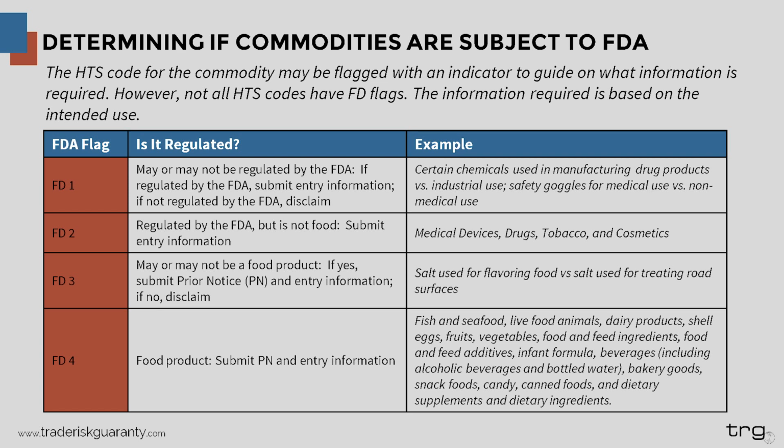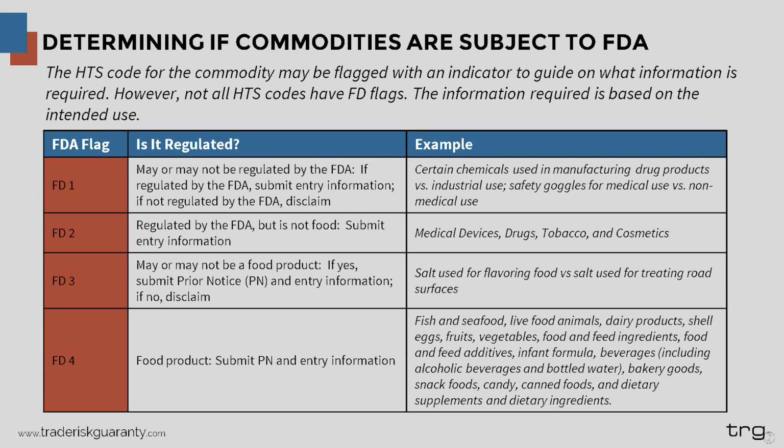Then I tried to see if there was a way to look up the HTS code without having an entry number already tied to the FDA database, and I honestly could not find a way. Ultimately, all I could definitively find was that the FD flag should be indicated when the entry filer is filing out the entry documentation.